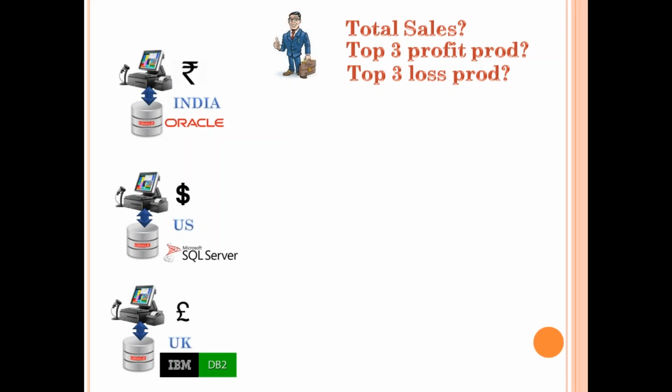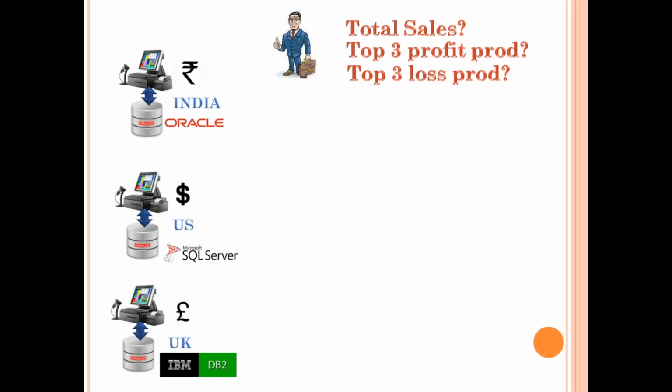But when the business owner got these 3 questions and started looking into the OLTP systems, he was not able to properly analyze his business. Because when he asks what the total sales is, the sales belong to India, US, and UK. Some part of the data is in rupees, some in dollars, some in pounds.